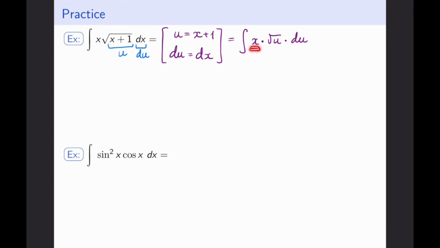Is it possible? Well, let's take a look back into our substitution box. How can I solve this for x? Well, it's pretty clear that from here x is equal to u minus 1, right? So I can replace it with that in this integral here, which will then result in my integral being fully in terms of u.